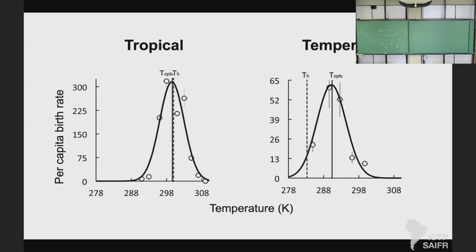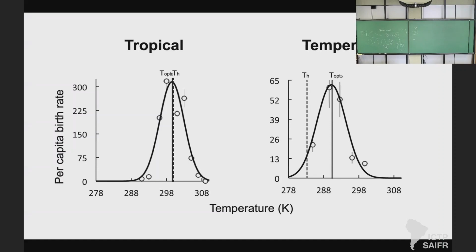Because the mean is what you experience all the time. But if you look at a temperate species, the mean habitat temperature is much lower than the optimum. Why? We know that already. It's because they fluctuate a lot. But why would the optimum exceed the mean? Because you want to take advantage of the favorable parts of the year, which is warmer, right? Any mutant with a higher optimum is going to exclude you.